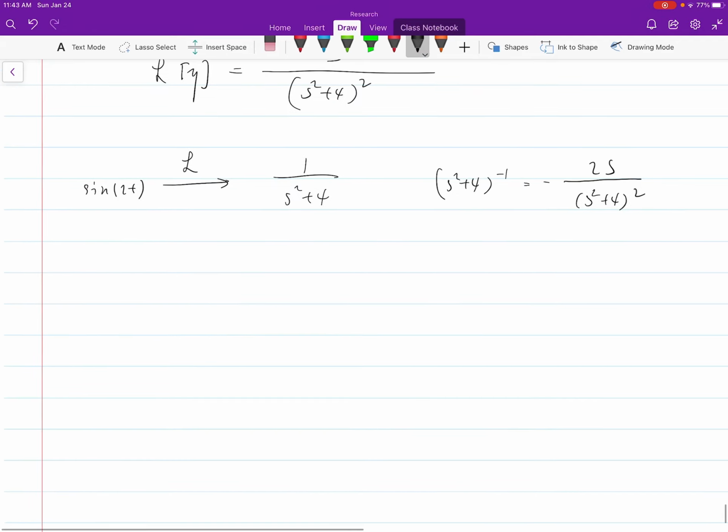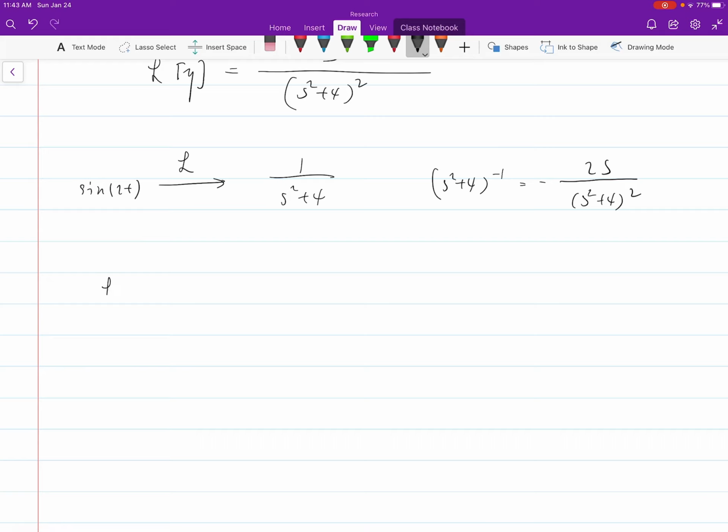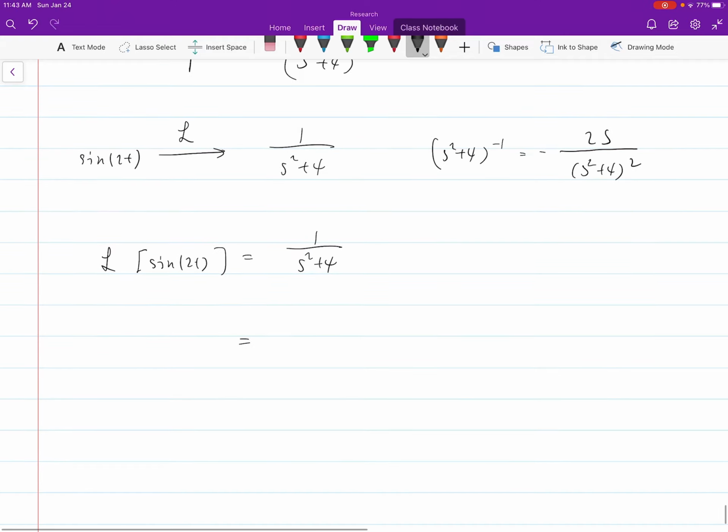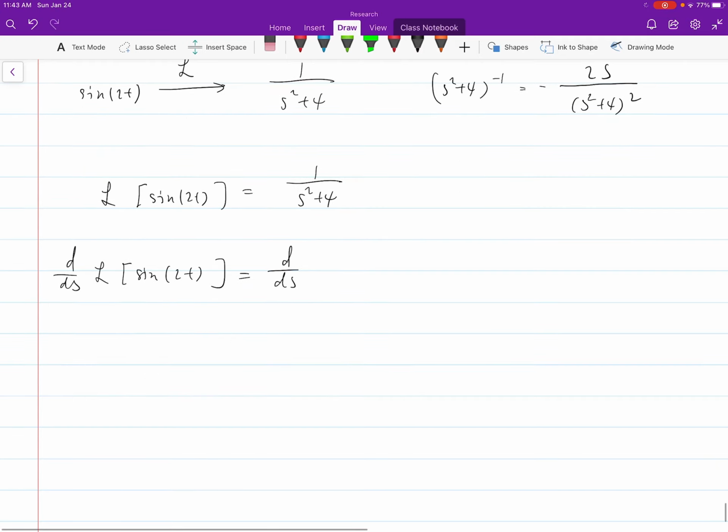I think we can actually go ahead. I think you already know what I'm pointing at. So you have L of sine 2t equals. Now we want to generate the term we want by taking the derivative. I didn't write it down as a general principle, but you can summarize it. What you're going to get is t times sine 2t. You just add another t every time you take a derivative with respect to s.